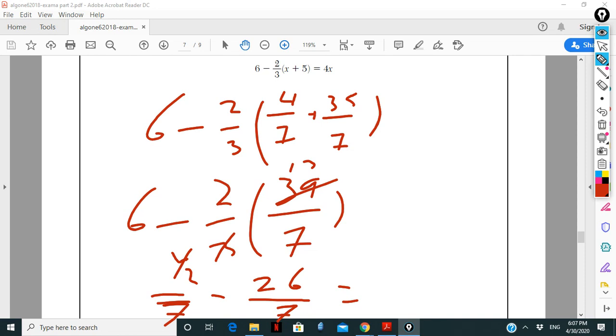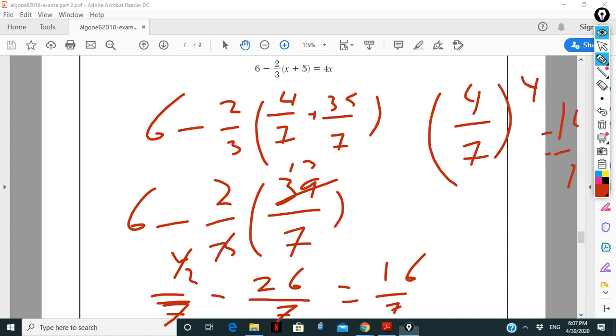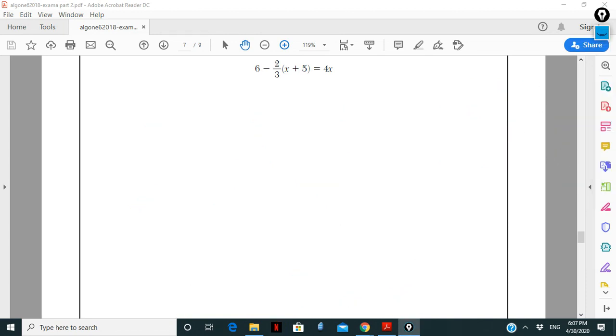Now it's going to give me 16 over 7. Now 4 over 7 times 4 is giving me 16 over 7. That's how I check my work.